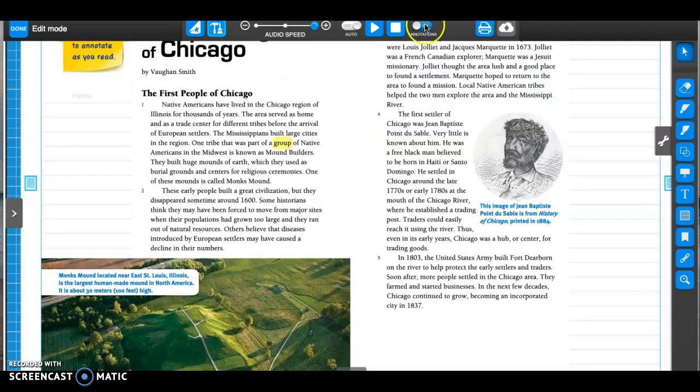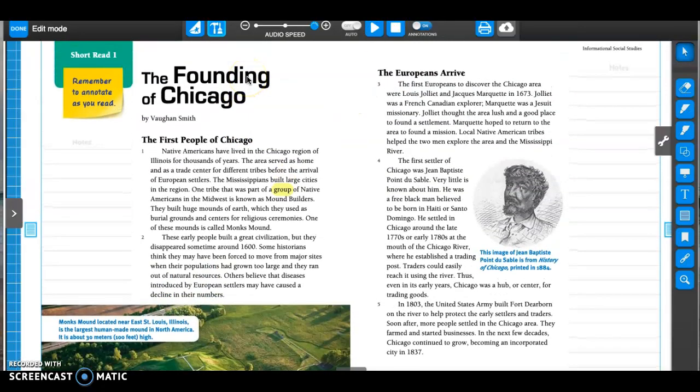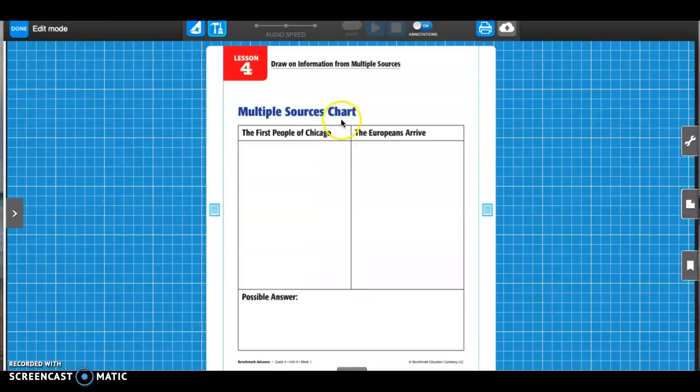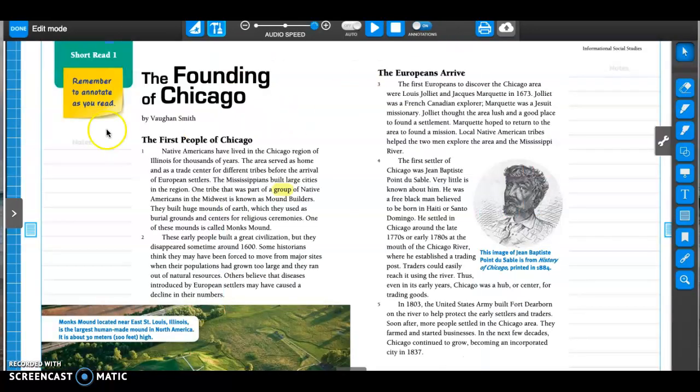So I've opened up the article, The Founding of Chicago, and I've also opened up the graphic organizer that goes along with it. Both of these are able to be annotated in your Benchmark Universe account. Taking a look at the first section, the first people of Chicago, we noted that the area once served as a trade center for many different tribes before the arrival of the European settlers.